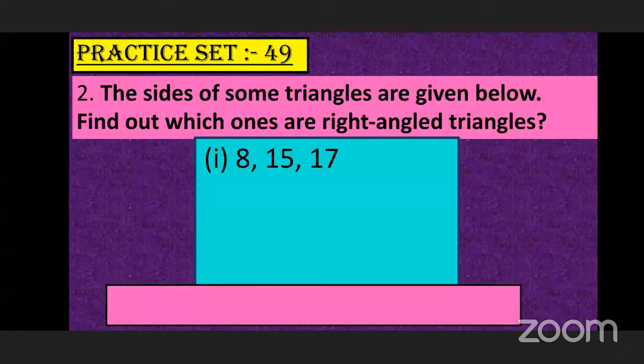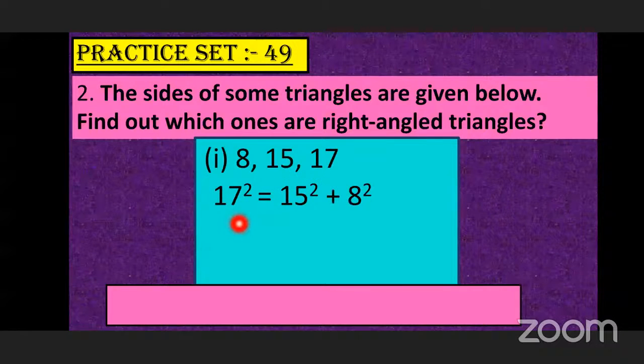By solving the sum as we have solved in Pythagorean triplet, we have to check whether the square of the biggest number is equal to the sum of the squares of the other two numbers. And if it is equal, at that time we can say that it is a right angled triangle.